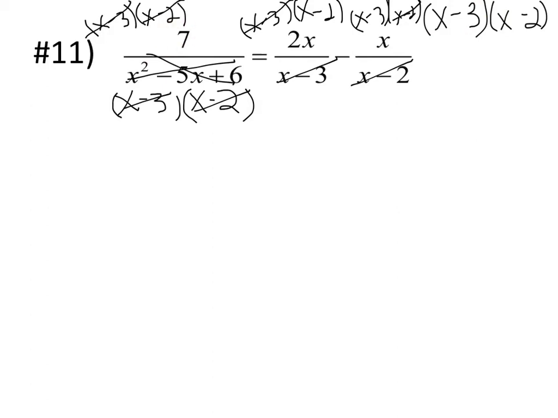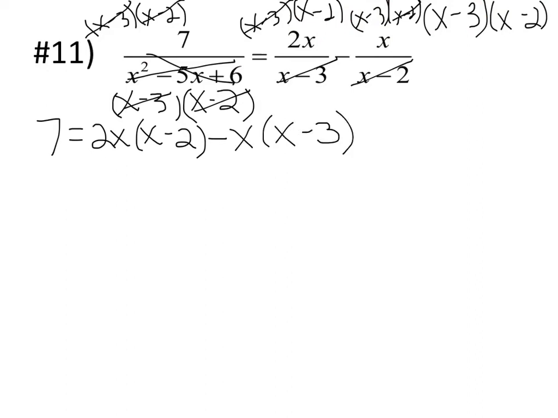So now you're left with 7 is equal to 2x times x minus 2 minus x times x minus 3. Okay, go ahead and distribute. 2x squared minus 4x minus x squared plus 3x.